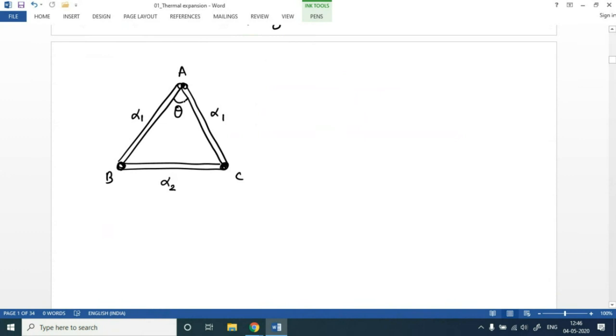You can see that its initial value, theta initial, is nothing but 60 degrees. So we want to find out what would be the change in theta, or delta theta, if the temperature is raised by delta T.